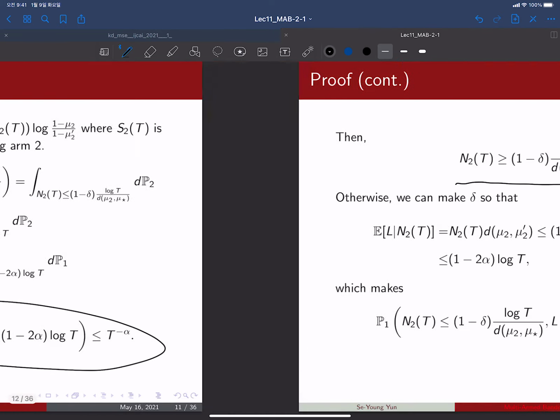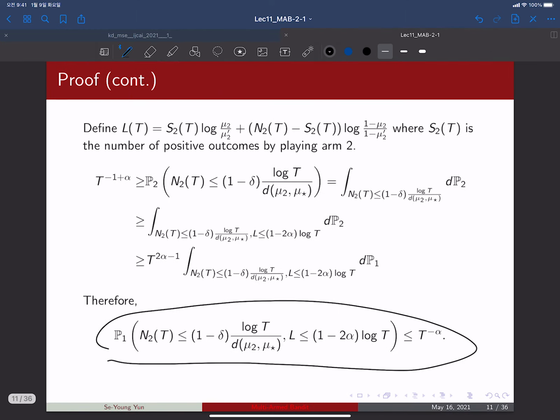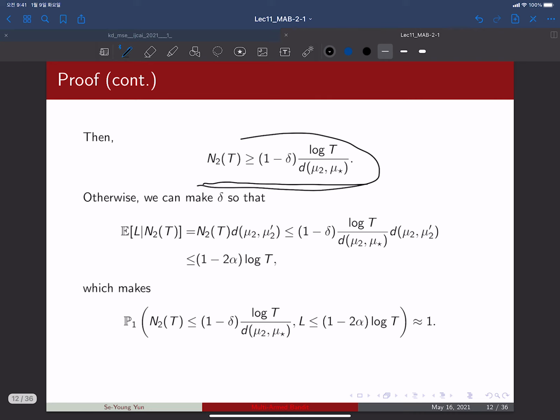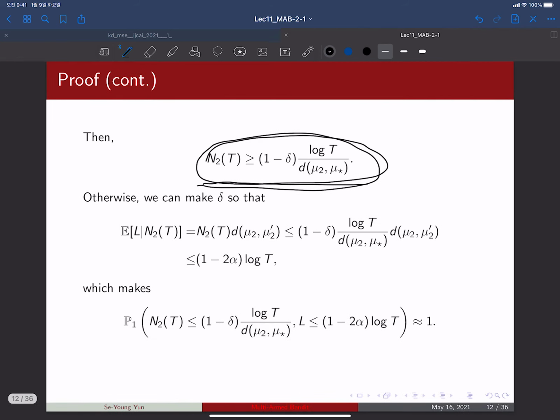Right. Since this probability goes to 0 as t goes to infinity, when this is true, this does not hold, right? Because the event inside the probability is that n to t should be less than or equal to 1 minus delta log t over d, and L is less than 1 minus 2 alpha log t.